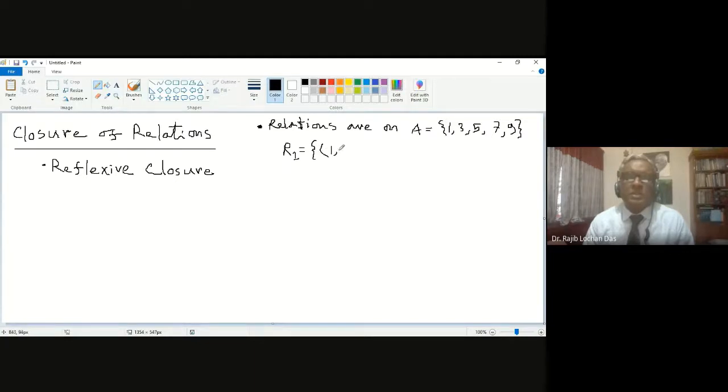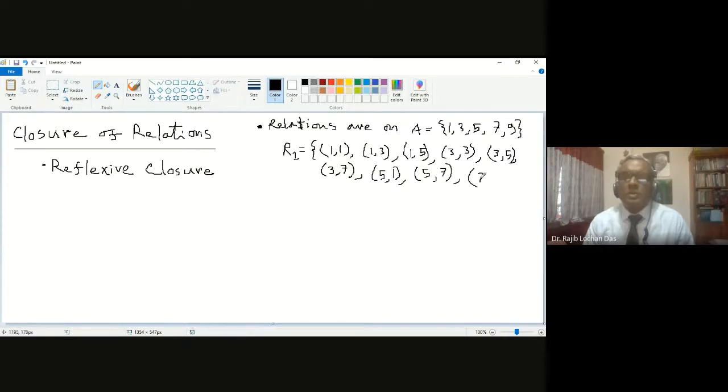Just I am taking something, say (1, 1), then (1, 3), then (1, 5), and (3, 3), then (3, 5), then (3, 7), and (5, 1), and (5, 7), and (7, 3), and (7, 5), and (7, 9).